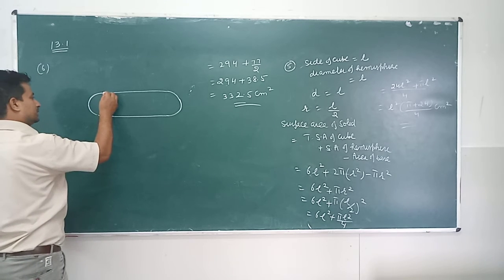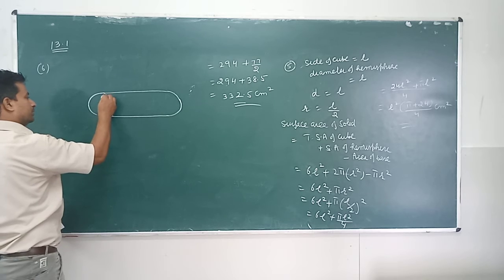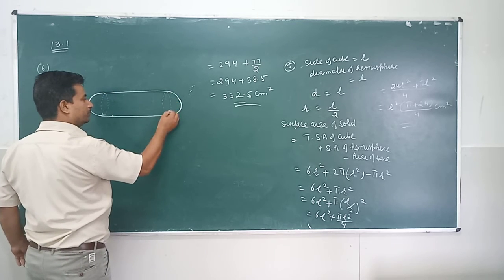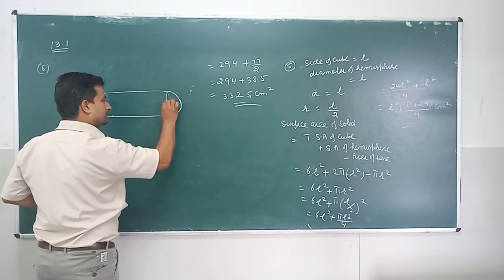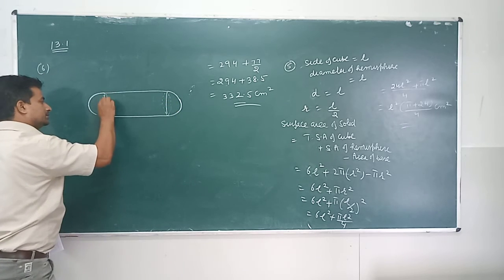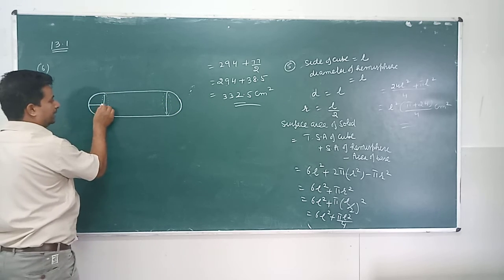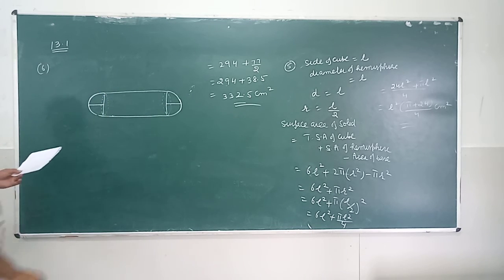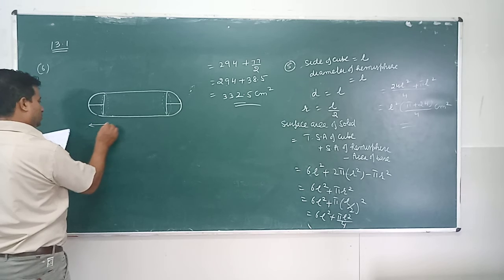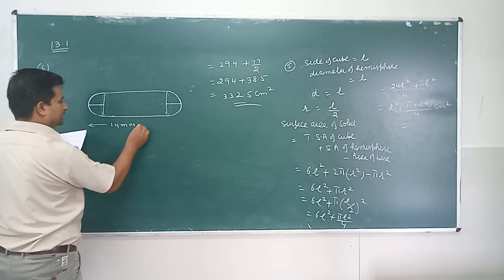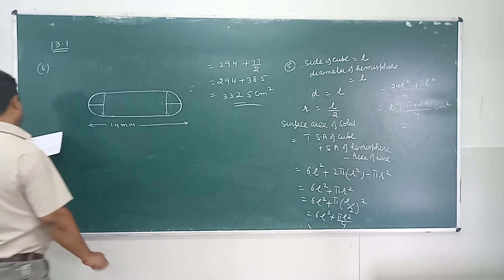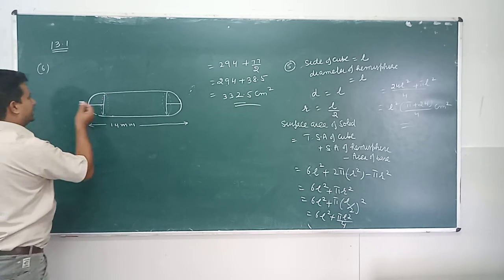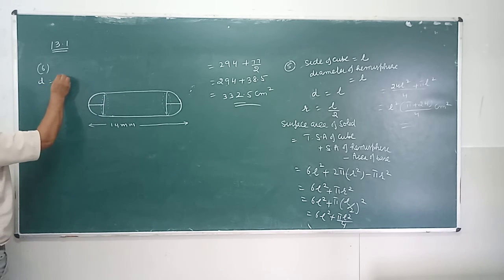In this question, this is the cylindrical portion, which we draw with dotted lines. This is the diameter of the cylinder, and this is the radius of the hemisphere. The total length of the entire capsule is 14 mm, and the diameter of the capsule is 5 mm.